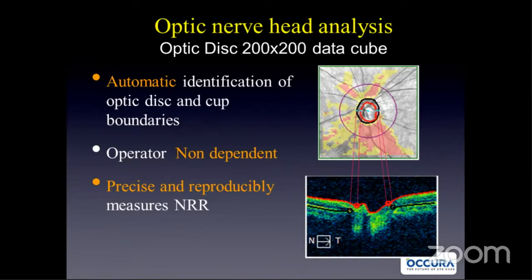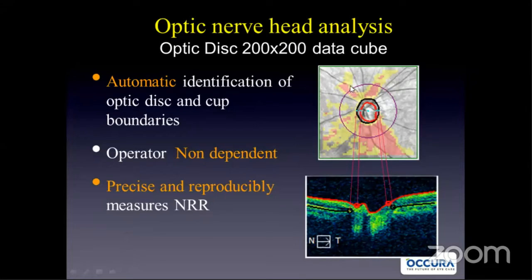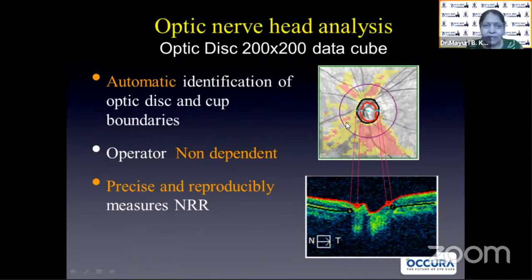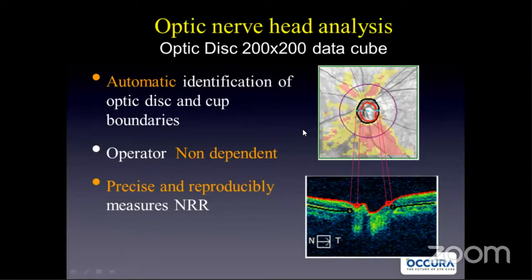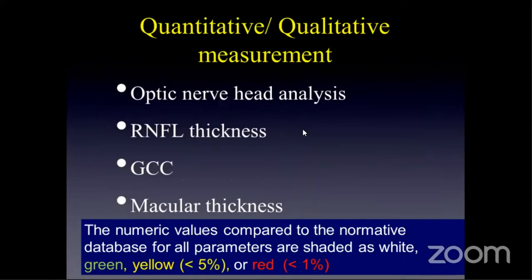It is useful to have the optic disc 200 by 200 data cube, and it automatically identifies the optic disc cup boundaries. This is the calculation circle, which is automatically centered over the disc. This is operator independent and produces precise and reproducible measurement of the neuroretinal rim.